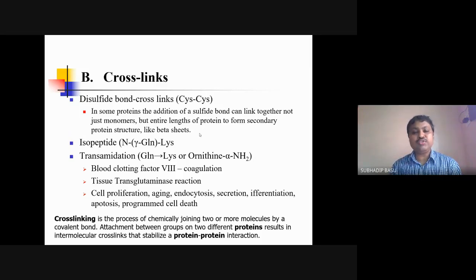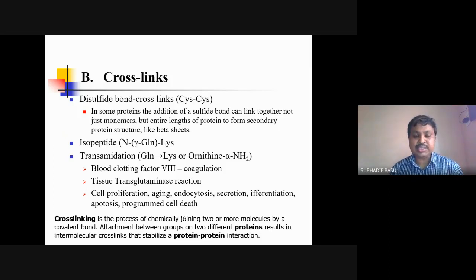Very common are disulfide bond crosslinks like cysteine-cysteine crosslinks. Okay, isopeptide bonds, where lysine is connected, and transglutaminase reaction, so that helps in blood clotting, coagulation, then tissue transglutaminase reaction, cell proliferation, aging, and all these things, programmed cell death.